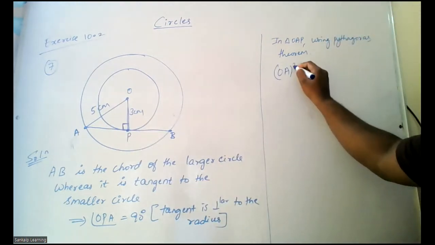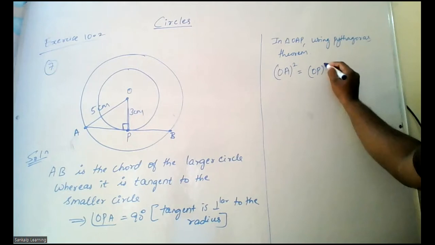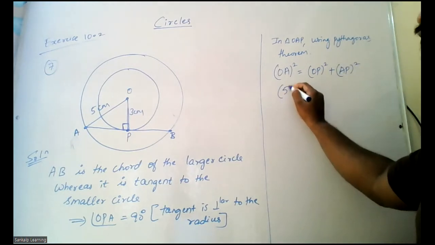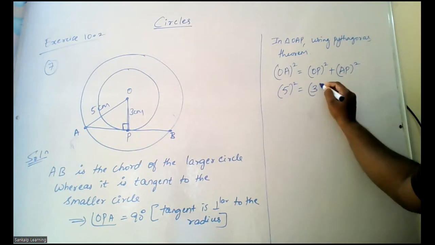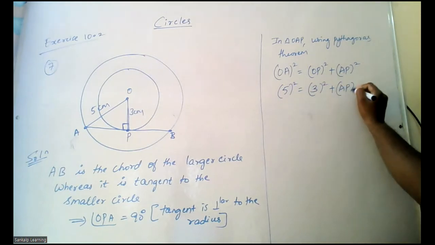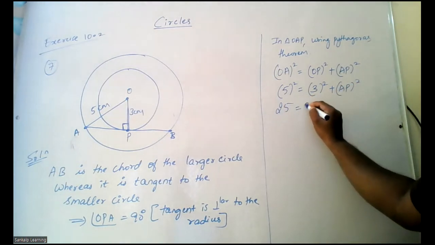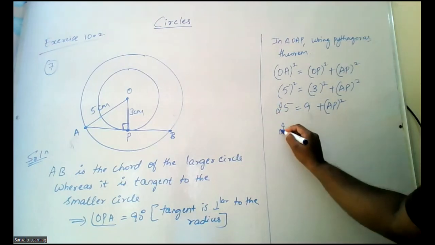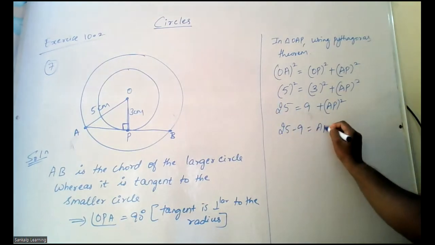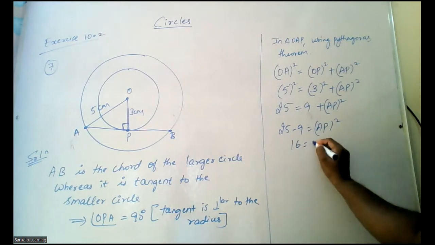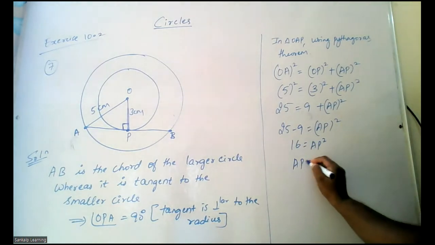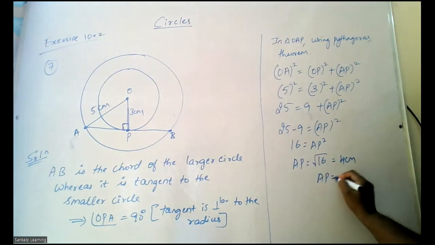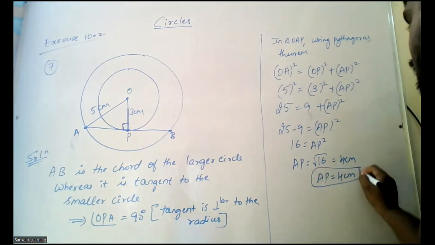OA square is equal to OP square plus AP square. OA is 5. 5 square is equal to OP is 3 square plus AP square. So you get 25 equals 9 plus AP square. I want AP, send this 9 that side. 25 minus 9 is equal to AP square, which implies 16 equals AP square. Therefore, AP equals square root of 16, which is 4 centimeter.